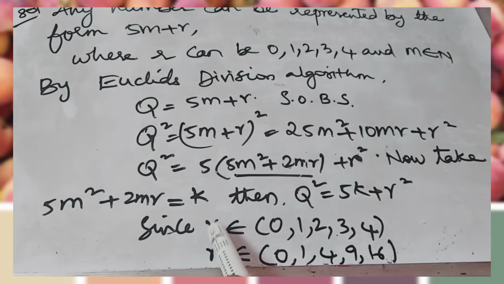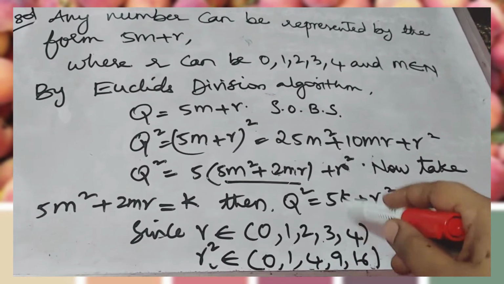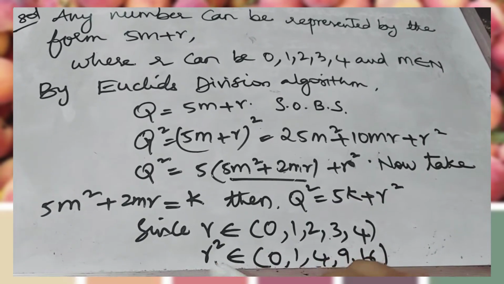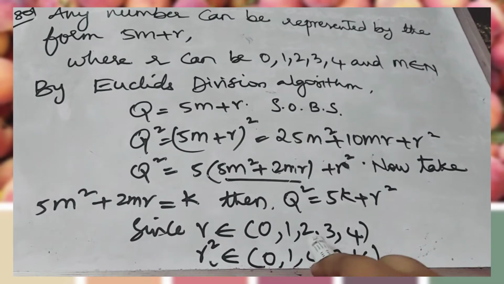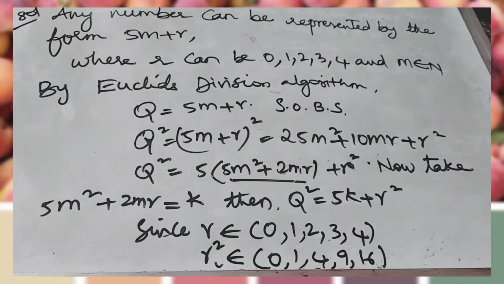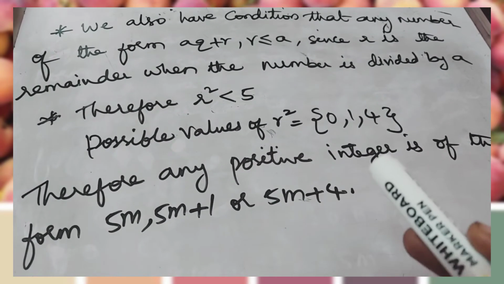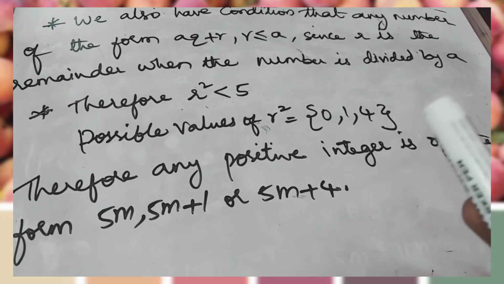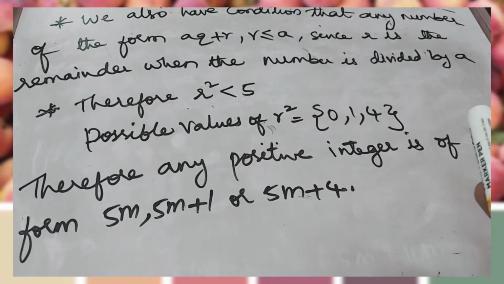Since r belongs to 0, 1, 2, 3, 4, r² will become 0, 1, 4, 9, 16. We also have the condition that for a number of the form aq + r, r is less than a, since r is the remainder when the number is divided by a.